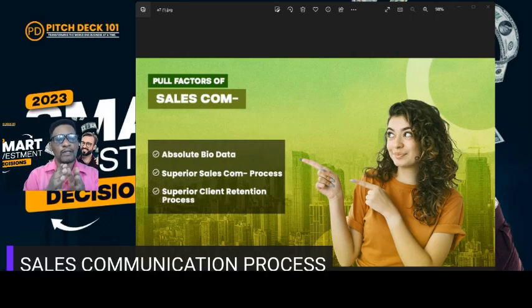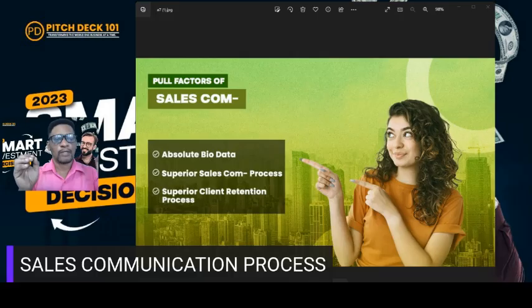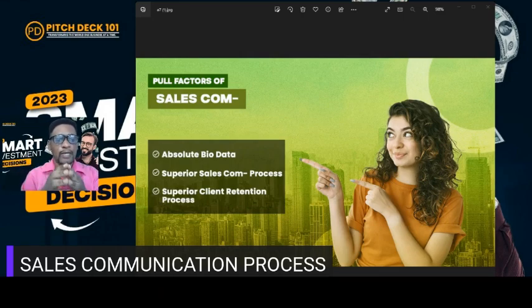The message now has to be sent into a channel. And of course, because this is a superior sales communication process, the channel that the message is being funneled through is being looked at with clinical precision. You're looking at it in terms of the effectiveness, and you're applying what we call the dashboard of marketing and sales communication to this entire process.